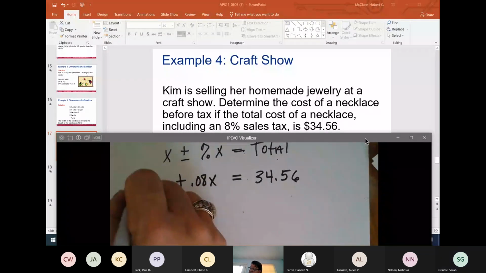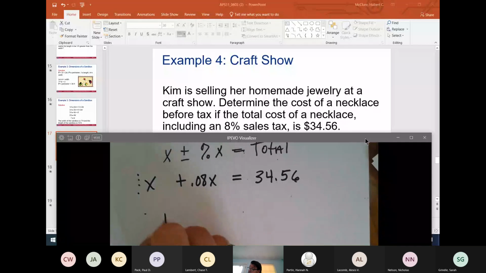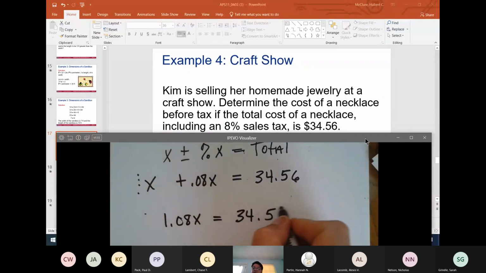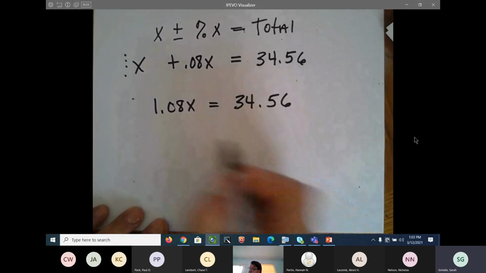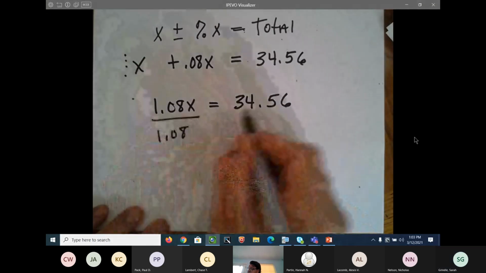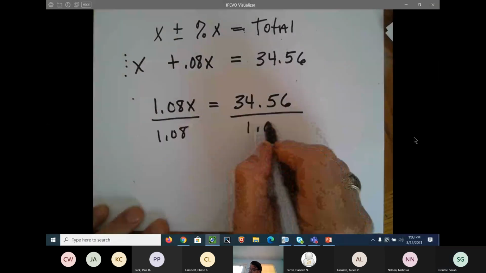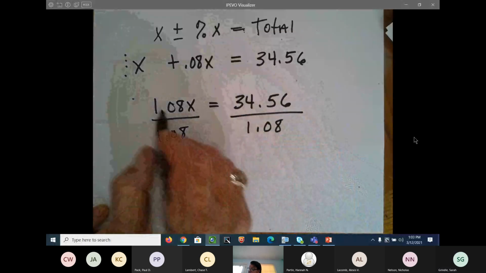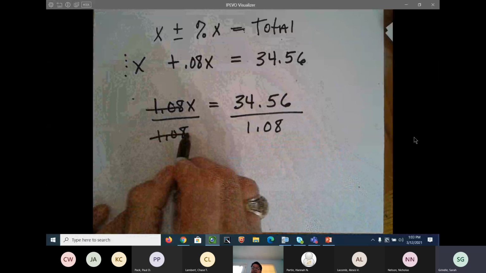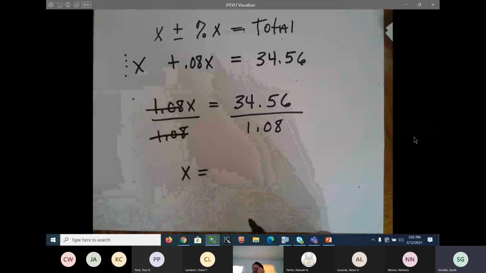That's 1.08. Divide by 1.08. Somebody do that for me, please. Please don't mess it up. 34.56 divided by 1.08.